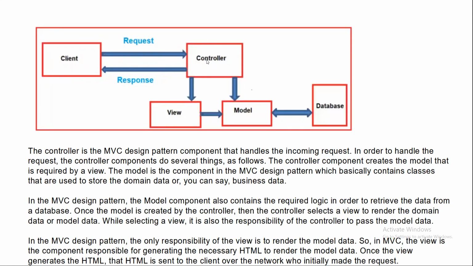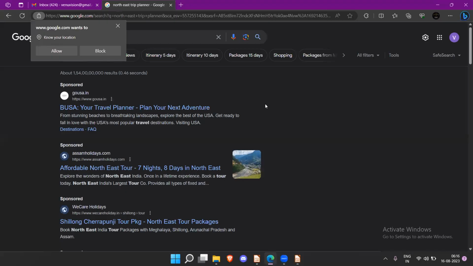Controller internally works with the view and model. When I say view, view means how the data should be displayed on the user side. I got some results, so now I am seeing some set of output on the screen. This is called view.